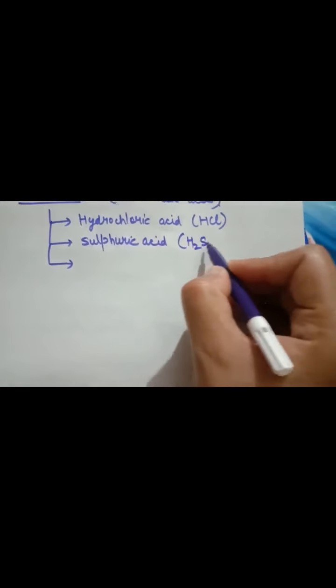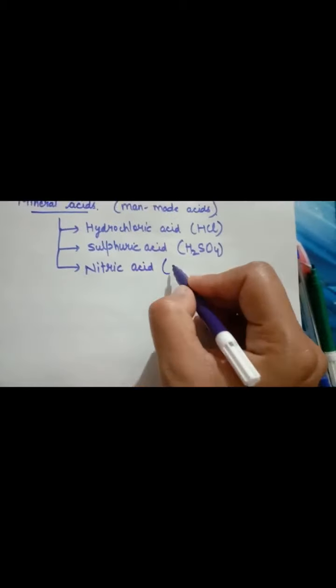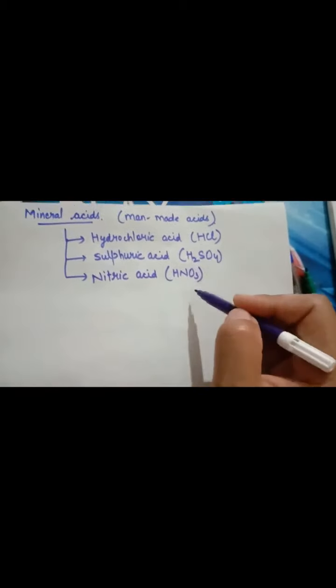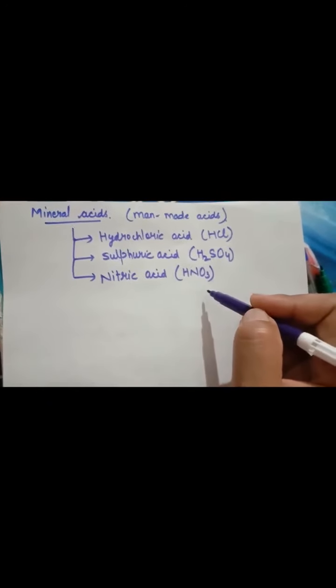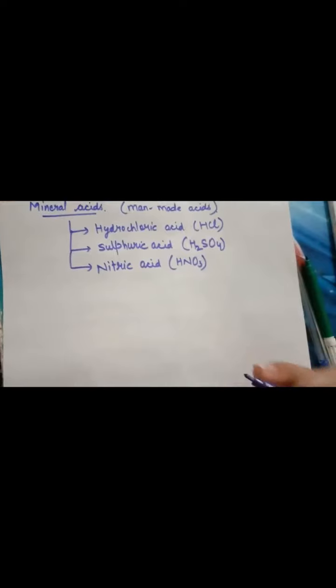Second is sulfuric acid, whose formula is H2SO4. Third is nitric acid, whose chemical formula is HNO3. These three are mineral acids, man-made and synthetic, prepared in the laboratory.